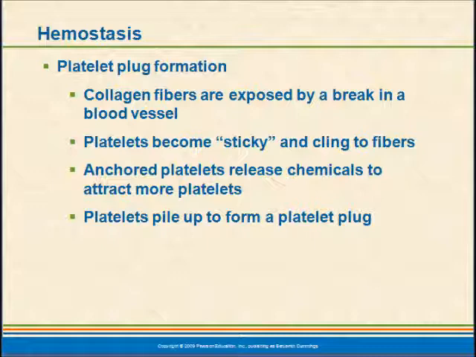Well, one of the reasons is that platelets don't stick to epithelium. They do stick to the collagen in the connective tissue below. So if you have a damaged vessel and you have exposed collagen, platelets will stick to that and cling to those fibers. And they will burst open, which releases chemicals, which will attract more platelets to the area, and you will get this pile up of platelets and this plug formation.